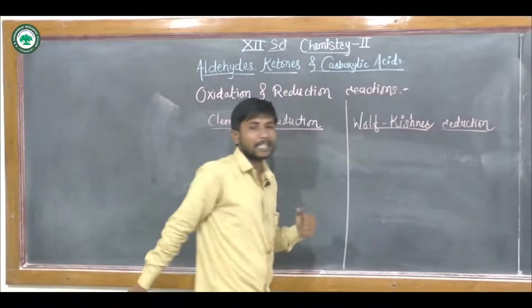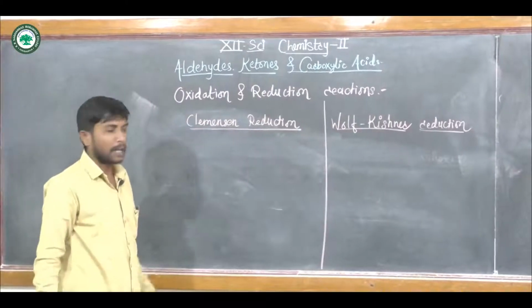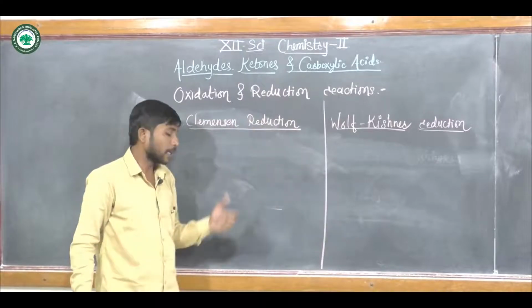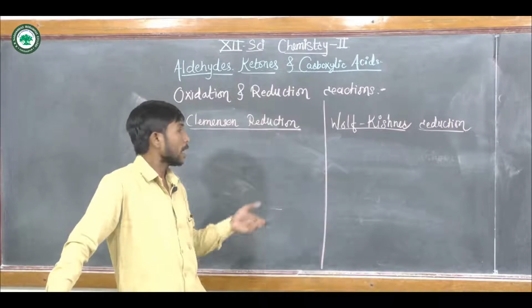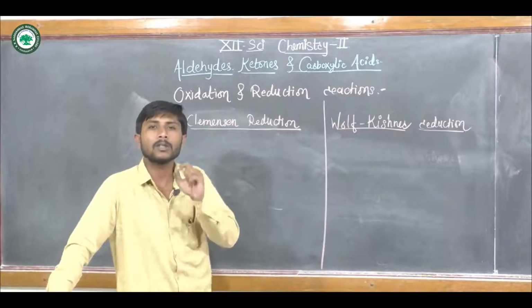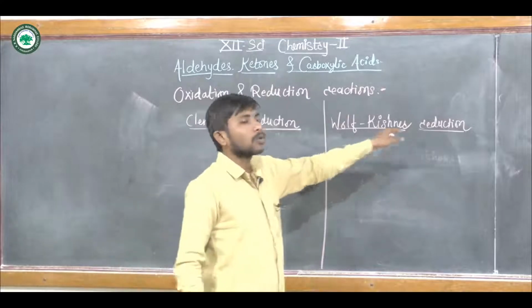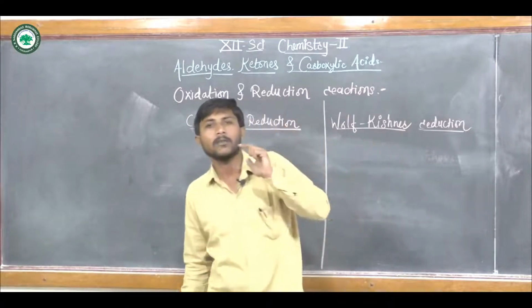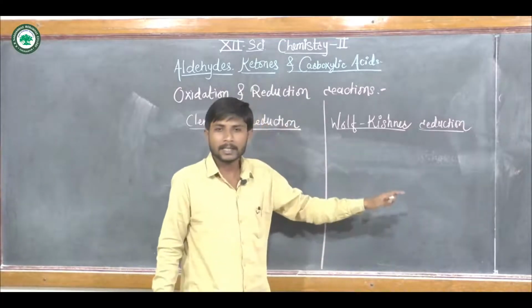Comparatively, in Clemmensen reduction, for reducing a carbonyl aldehyde or ketone, there is a use of zinc amalgam and concentrated hydrochloric acid, while Wolff-Kishner reduction is a two-step reaction where the aldehyde or ketone reacts with hydrazine.